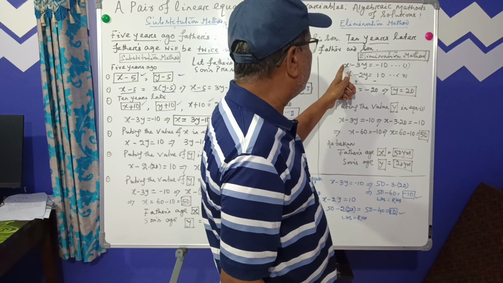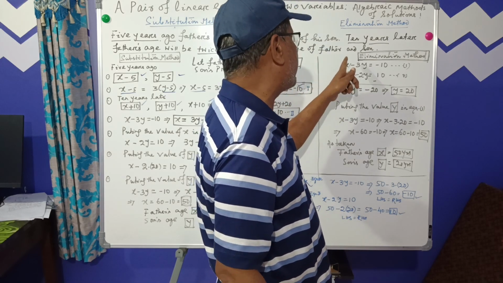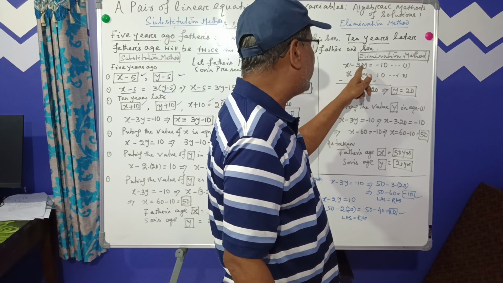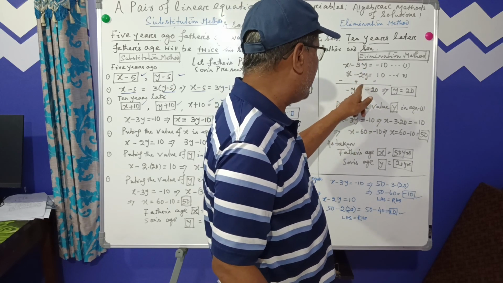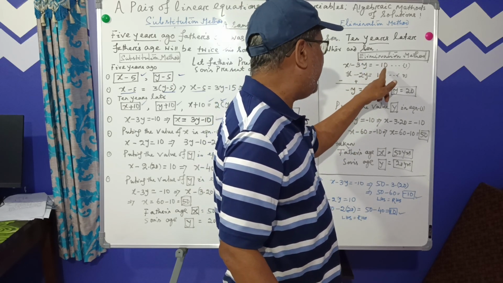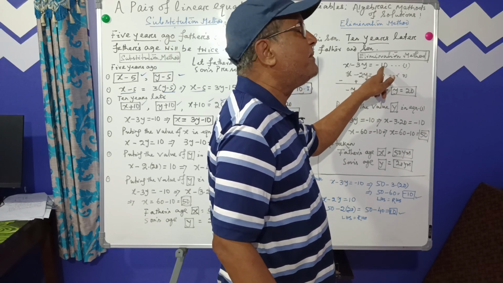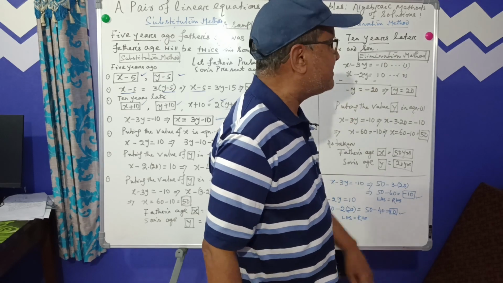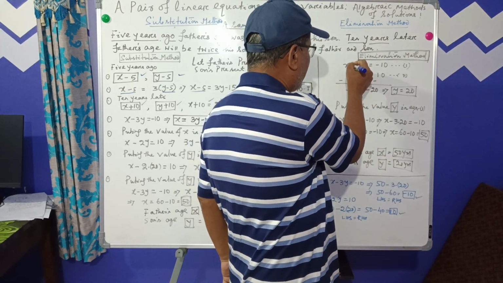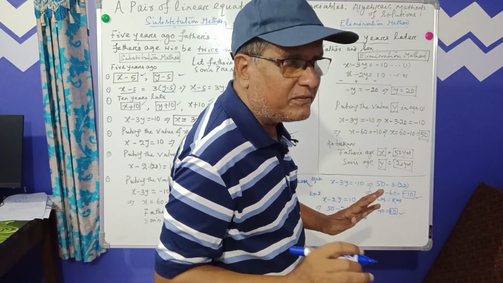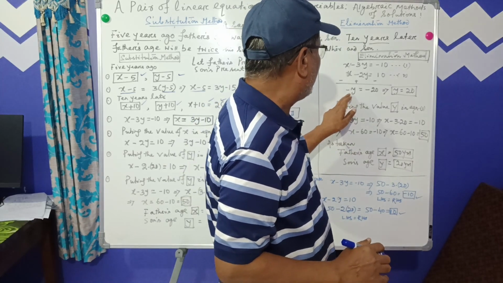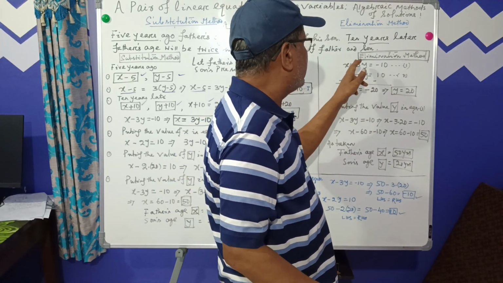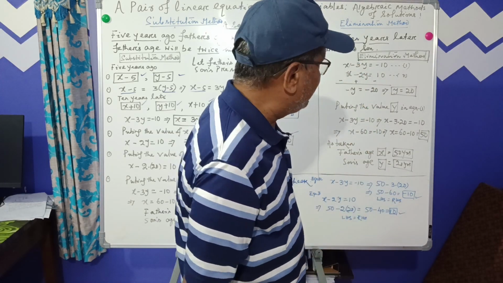This x is to be subtracted from x, so x minus x, and minus 2y is to be subtracted from minus 3y, so minus into minus is plus. And 10 is to be subtracted from minus 10, so minus 10 minus 10, you have to change the sign. Now x minus x cancels, the result is 0. So we get minus 3y plus 2y.